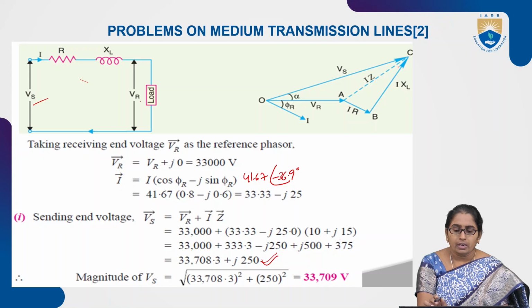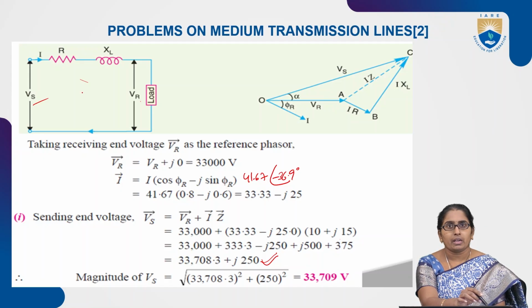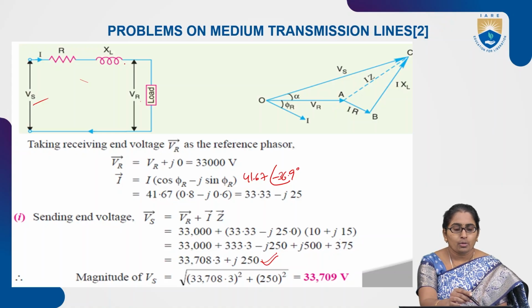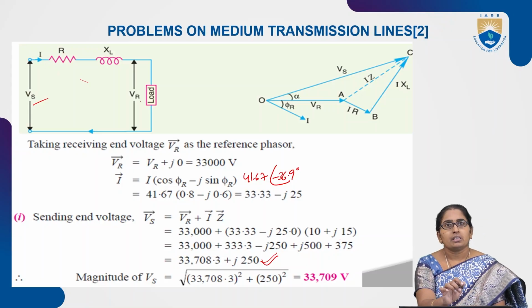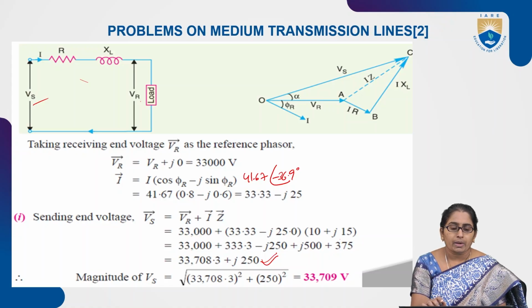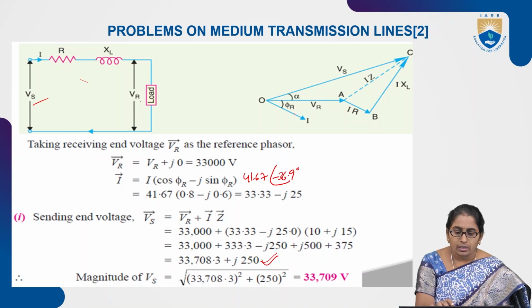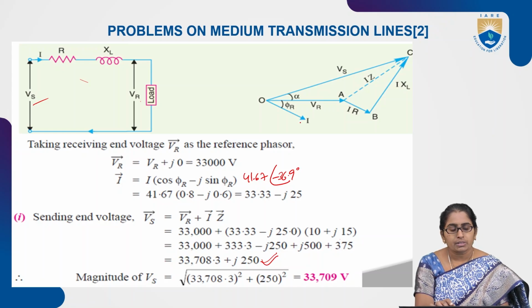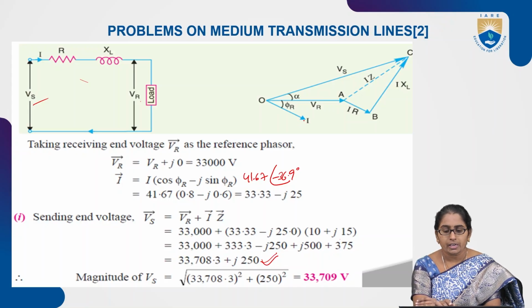Here Is and Ir are the same, in the transmission line, since it is a direct line. There are no parallel paths, so there is only one current present, which is both the receiving end current as well as the sending end current. The current present is the load current.